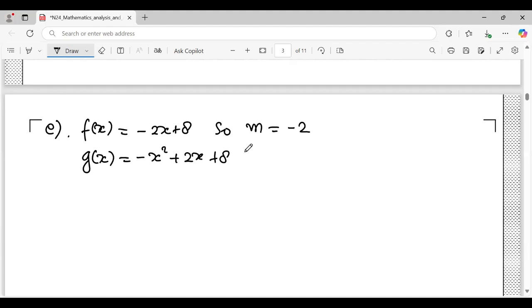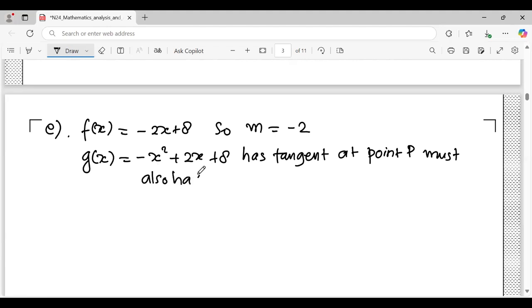This function has a tangent at point P, and point P must also have a gradient equal to minus 2 because of parallel.